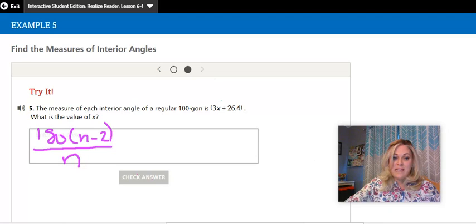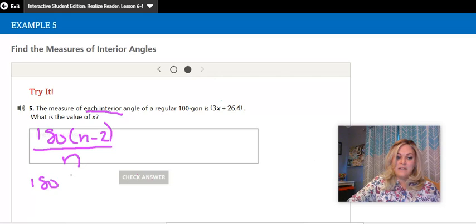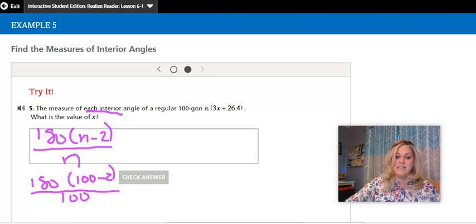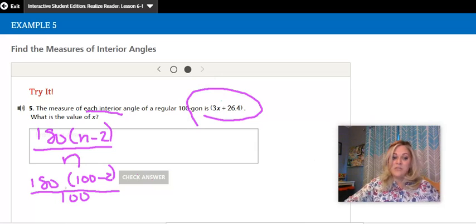So the measure of one interior angle: I'm going to plug in 100, so I have 180 times 100 minus 2, all over 100. First, figure out what that is. Take that answer and set it equal to this and solve for x.